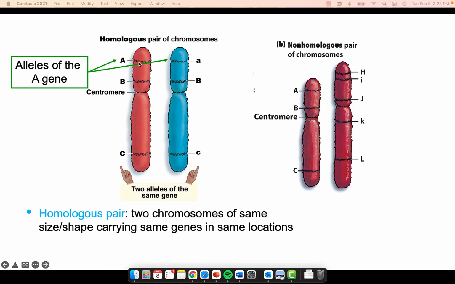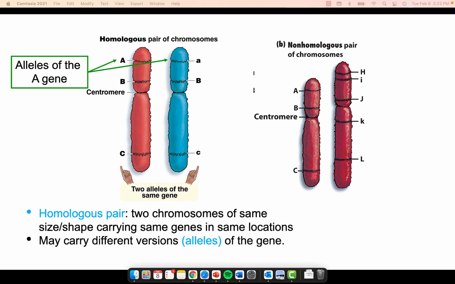The genes represented by these letters are in the same locations, same size of the chromosome, but we can have different flavors or varieties, if you will. These different versions of the genes are called alleles. This could be like blue eyes or brown eyes. We'll get more into this after exam 1 when we start talking about genetics more.